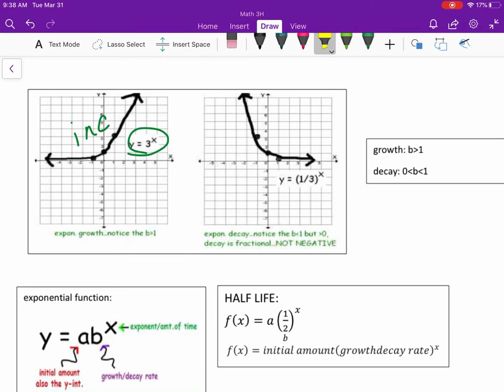Remember, this number right here, this 3 here, is the growth rate, and it's greater than 1, so obviously it's got to be growth. Where in this one here, it's 1/3. That's between 0 and 1, so that's decay. Obviously, then this one is decreasing. Okay, it explains that underneath.